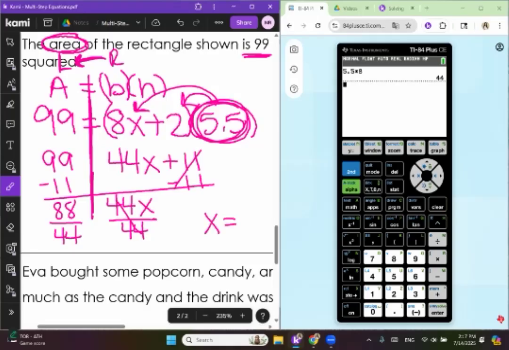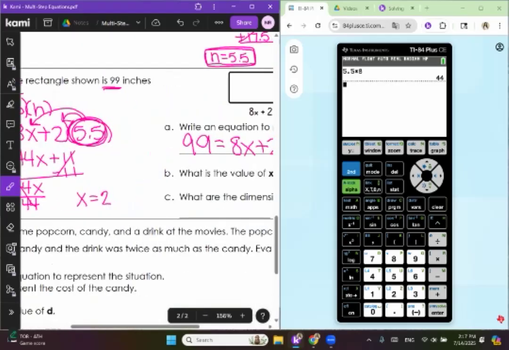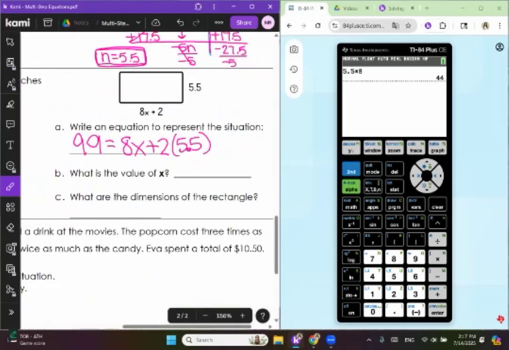So what do we get for x? We get 2. The value of x equals 2. Now it says, what are the dimensions of the rectangle? Well, we already know that the width is the shorter side. The width is 5.5.